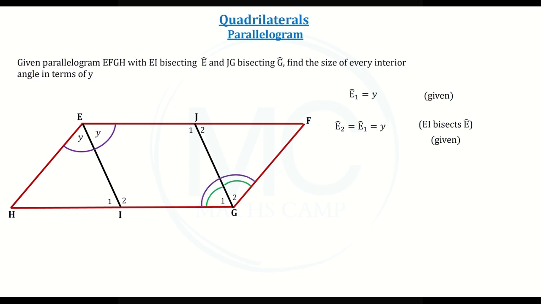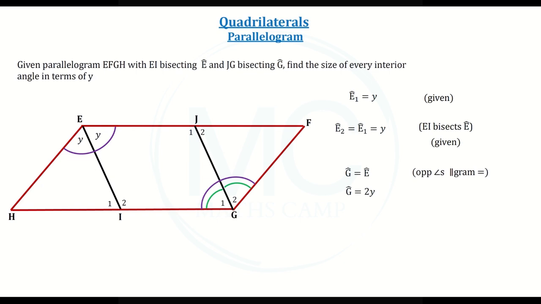Now we can make the statement that angle G is equal to angle E because they are opposite angles of a parallelogram and we know that these are equal. Now angle E is made up of Y and Y. So angle E is equal to 2Y, which means that angle G must be equal to 2Y as well.